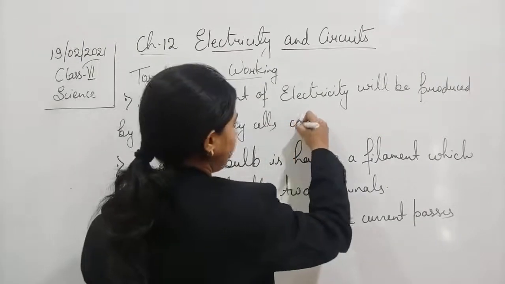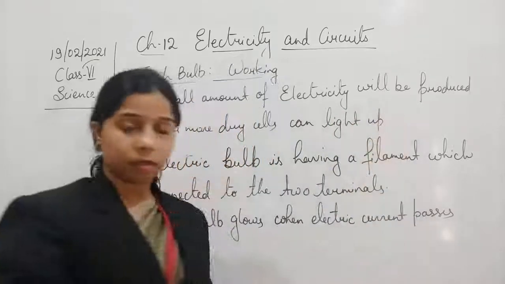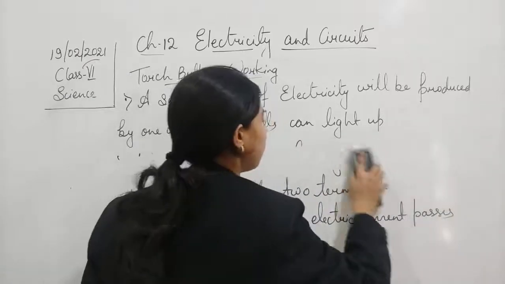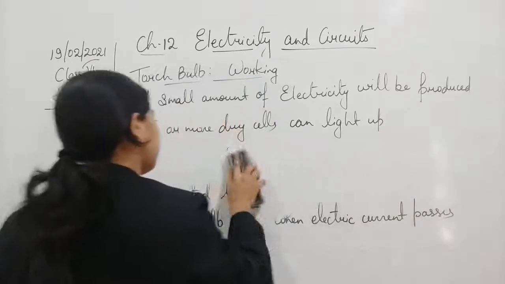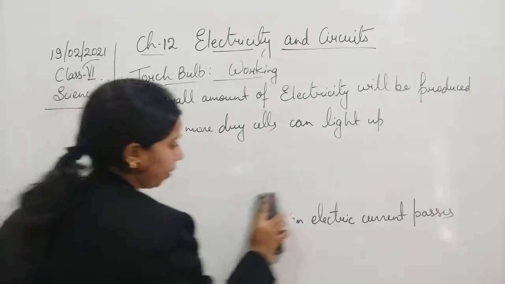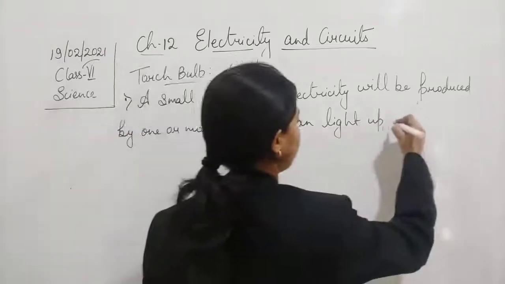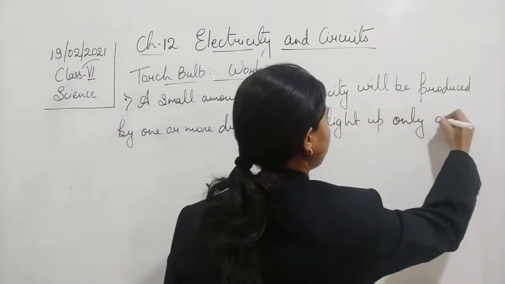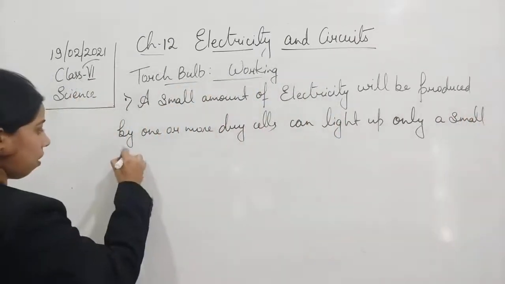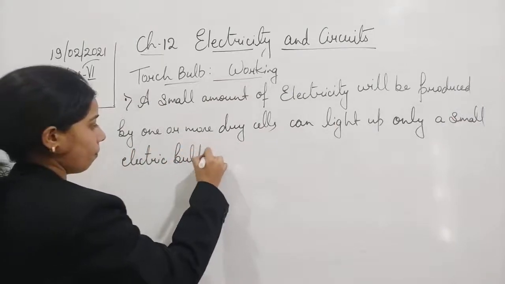Dry cells can light up only a small electric bulb.